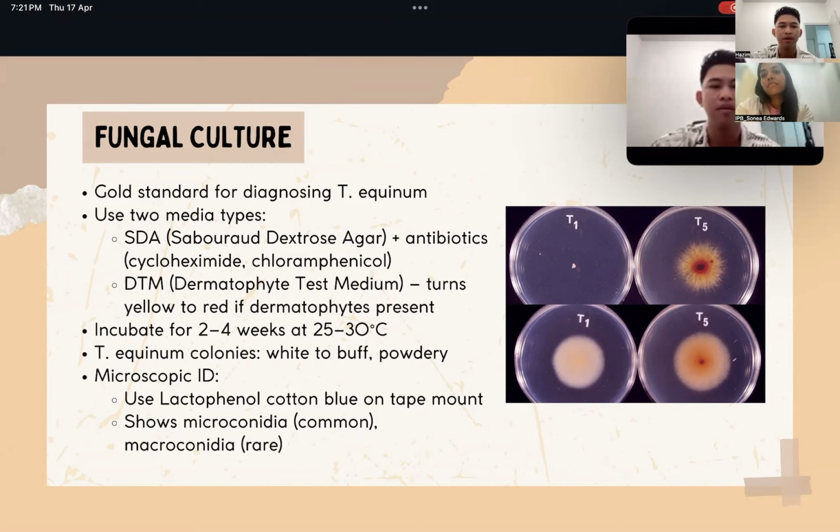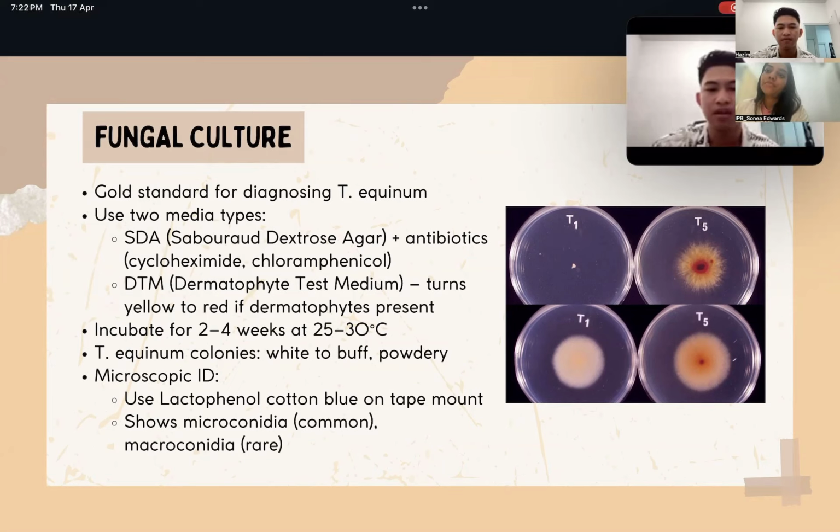During an incubation period of 2 to 4 weeks at 25 to 30 degrees Celsius, researchers grow a sample on prepared media plates, with white to buff colored colonies of Trichophyton equinum maintaining a powdery appearance.